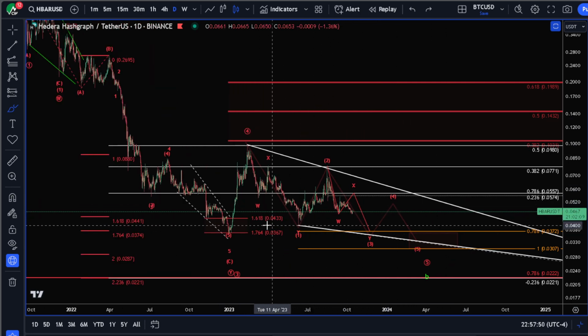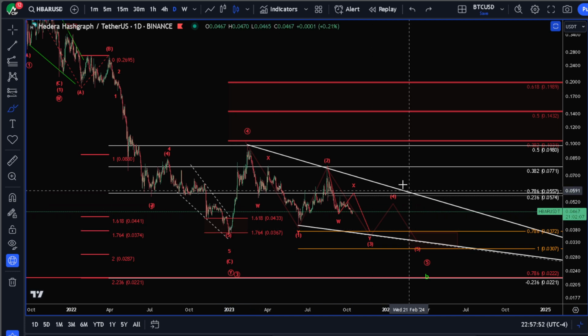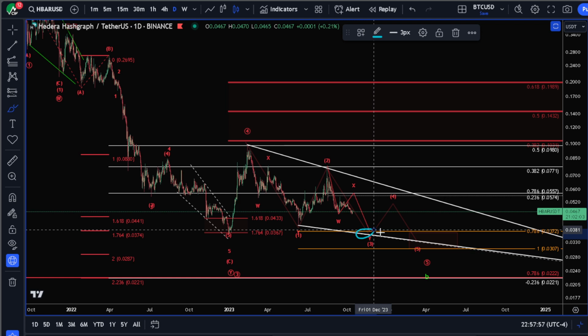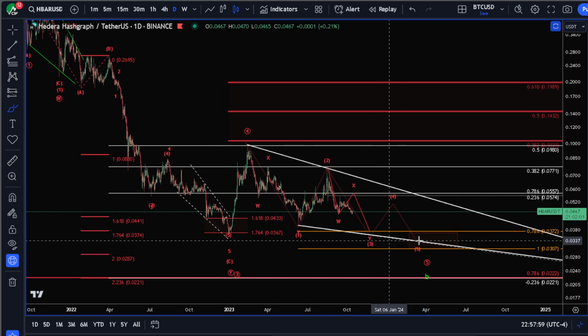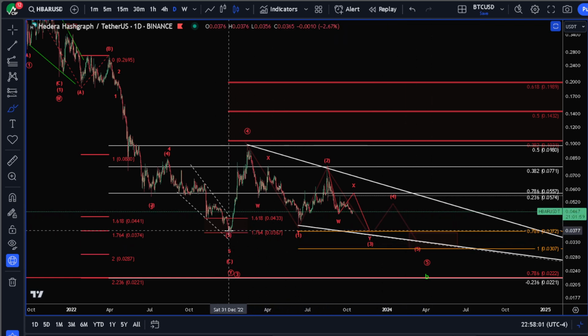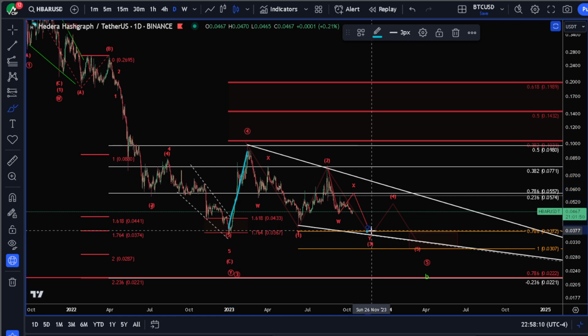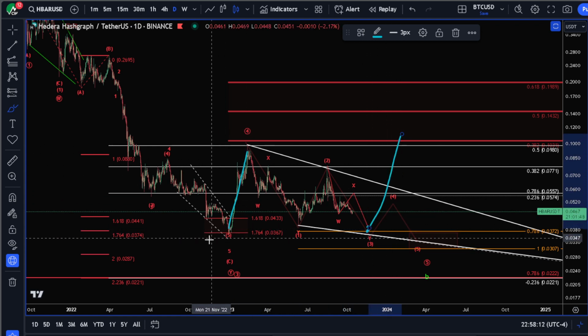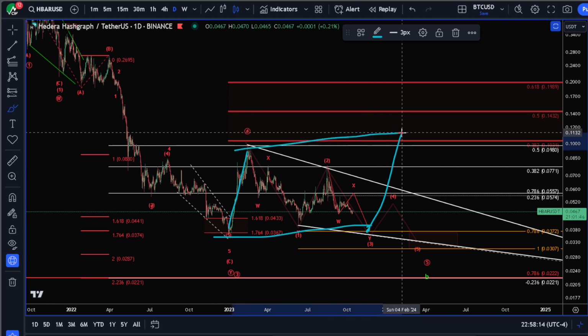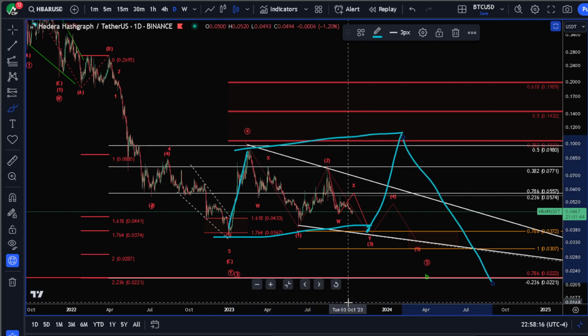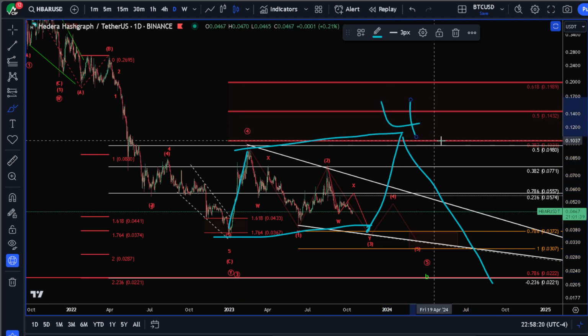So one thing you have to keep in mind is this could all still be part of a fourth wave, and it'll become very important in this area where we double bottom, because this could all be an A. We get a complex series of correction here as a WXY down to this area, and then we make a C wave up to create a flat here for our fourth before further downside. So just something to consider, and this fourth wave would just move over here.